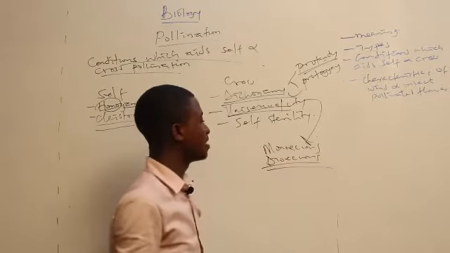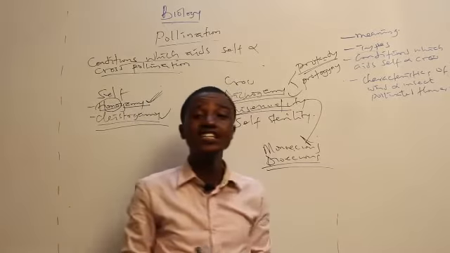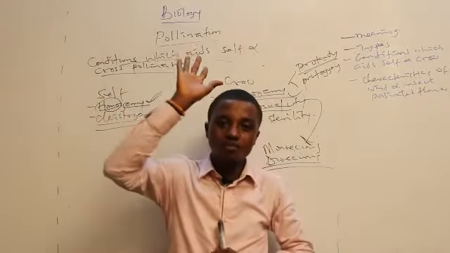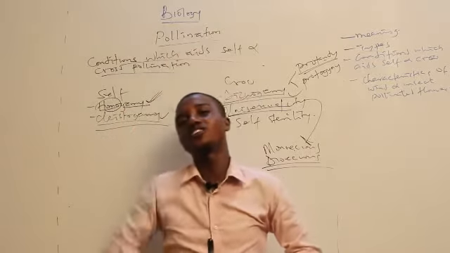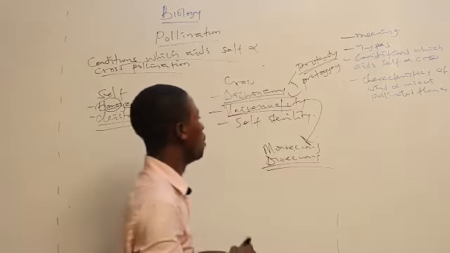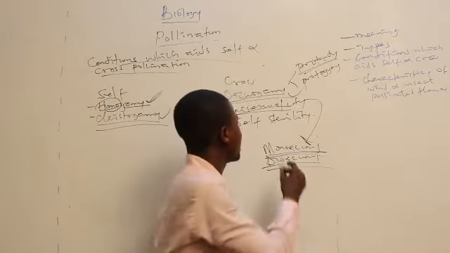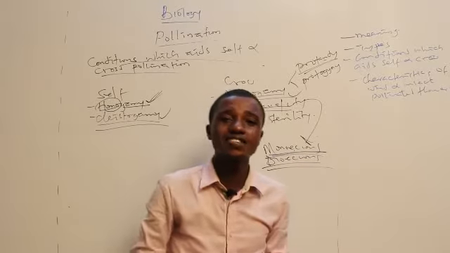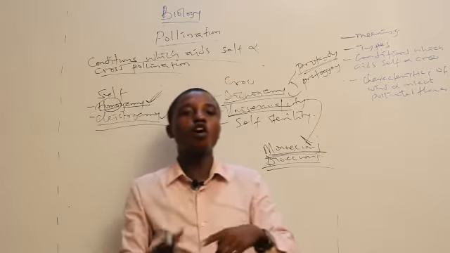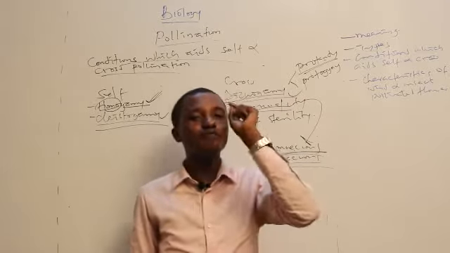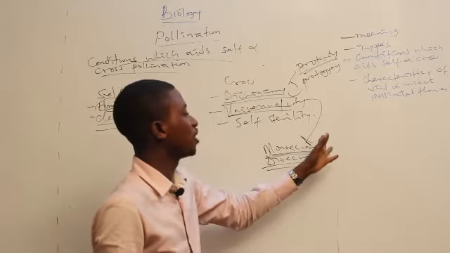Now, dioecious is a plant that has only the male part or only the female part. When a plant has just the male part, it is dioecious. When a plant has just the female part, it is dioecious. But when a plant is said to be monoecious, what are they trying to say? A plant is said to be monoecious when it has both the male and the female part on one plant. And that's what monoecious means.